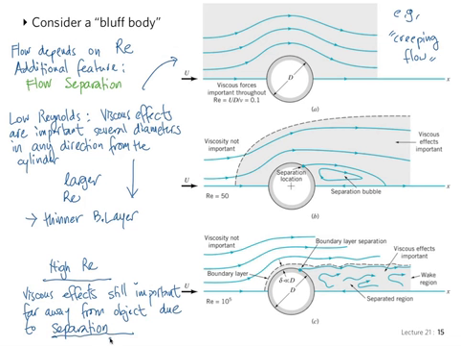This is the additional feature of flow around bluff objects. So note that we could say that viscous effects are always confined to the boundary layer and the wake. The wake is a separated region.